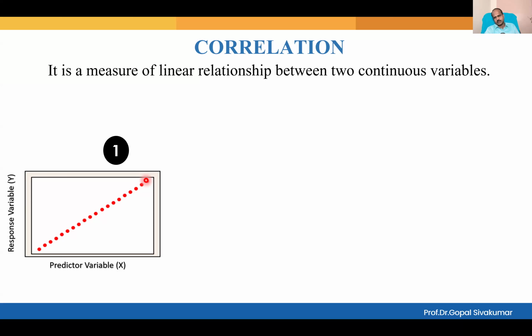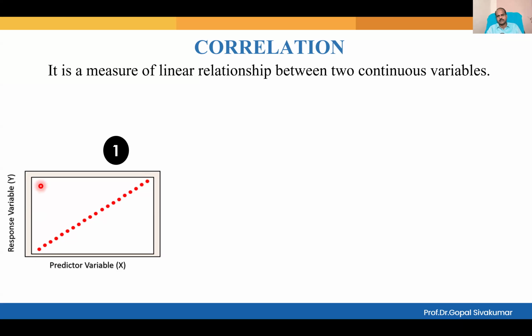So we could conclude that there is a linear relationship between x and y. The first information: it looks like a straight line. In fact, it's a perfect straight line. It's not just looking like a line, it is actually a perfect straight line. So our conclusion is x and y are linearly related. Moreover, I could also understand that as I keep on increasing the x, my y also keeps on increasing.